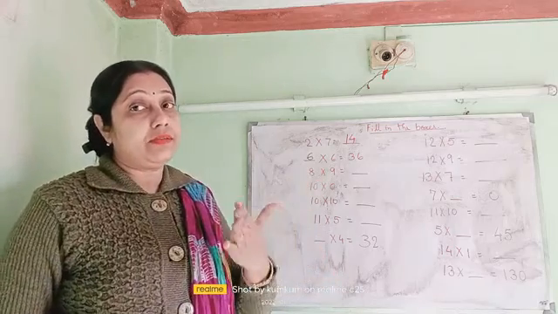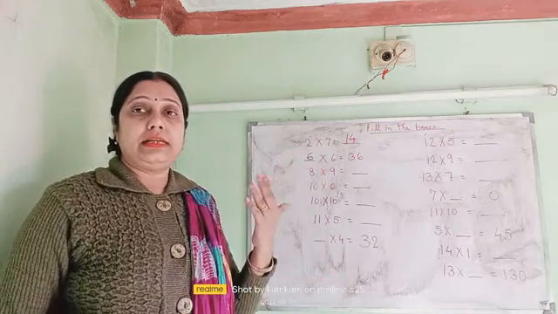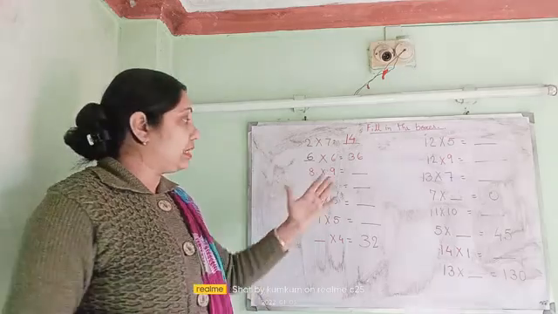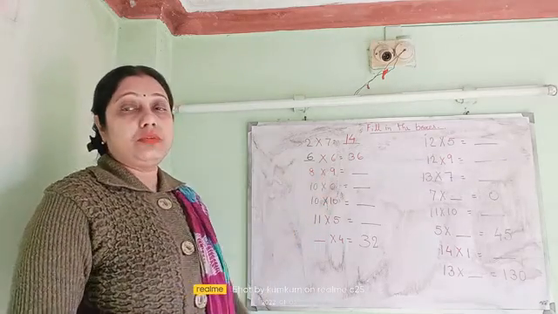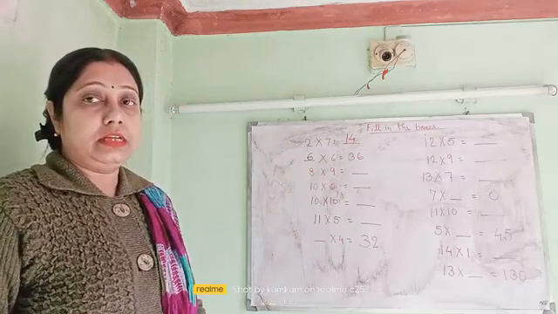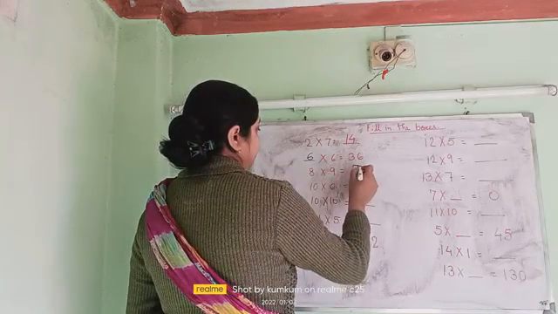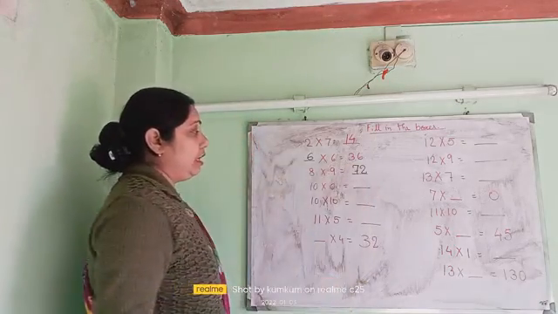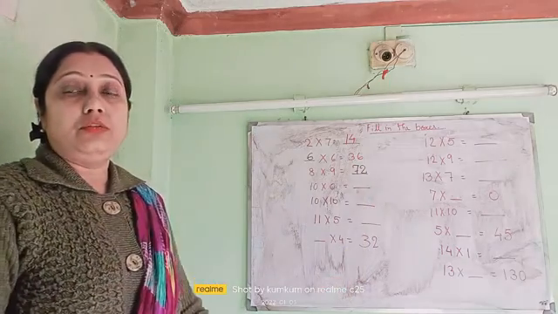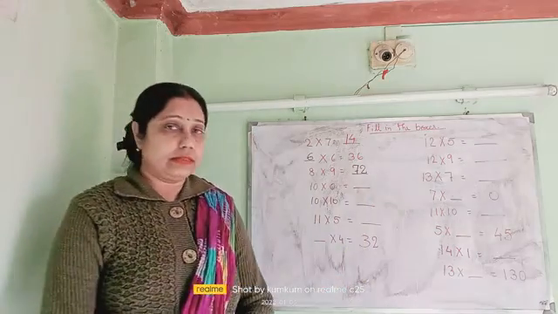Then from there we can read 9 sixes are 54, 9 sevens are 63, 9 eights are 72. So 9 eights are 72. So we will write here 72. If you read the table of 8, you will get the same answer.